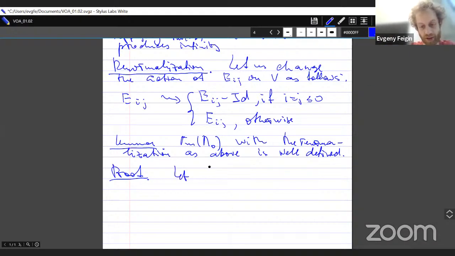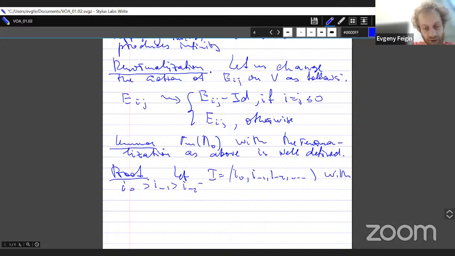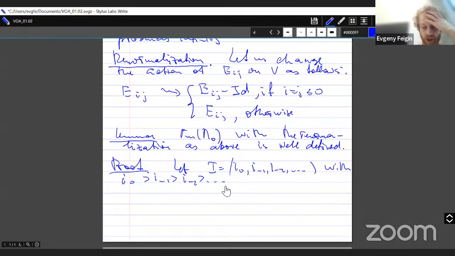Let I be the collection I naught, I minus 1, I minus 2, and so on. So this is just the sequence with I naught greater than I minus 1, greater than I minus 2, and so on. Good. So this is our I.